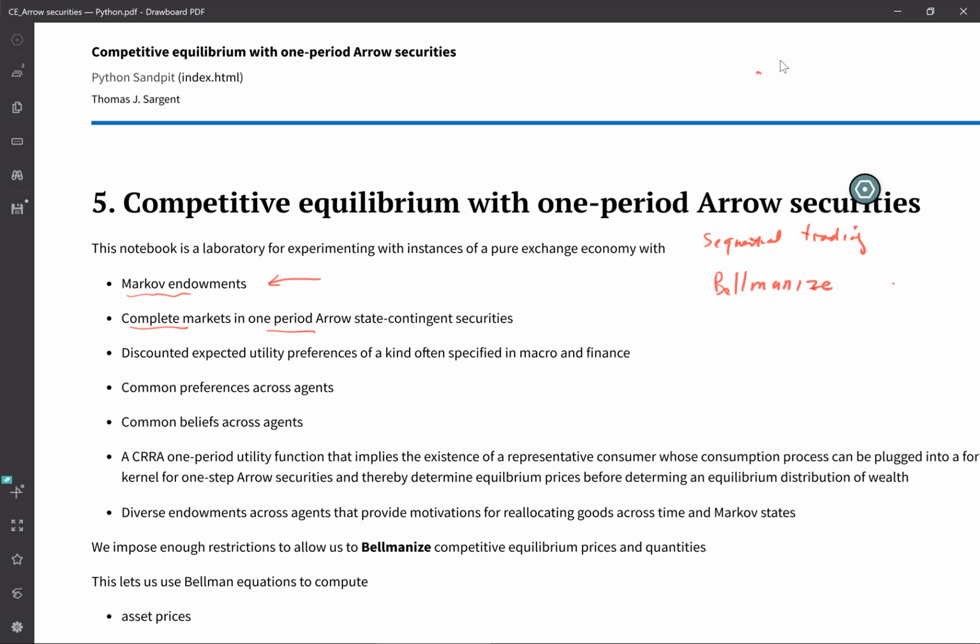We're going to have discounted expected utility, macro finance style. Everybody's going to have the same preferences. You could relax that at certain points in the code that I'll show you, but we're not going to. There's going to be common beliefs.